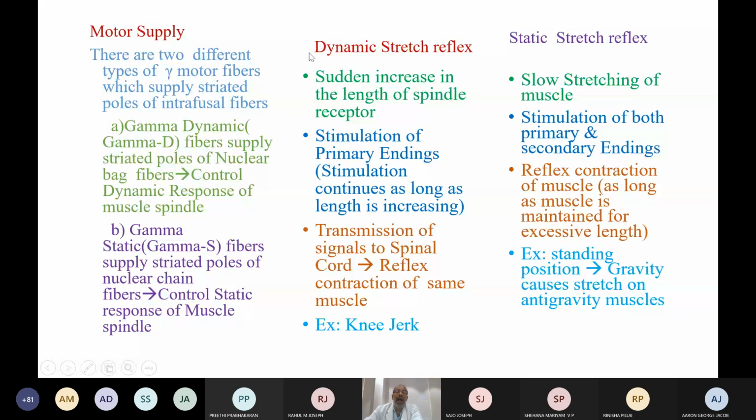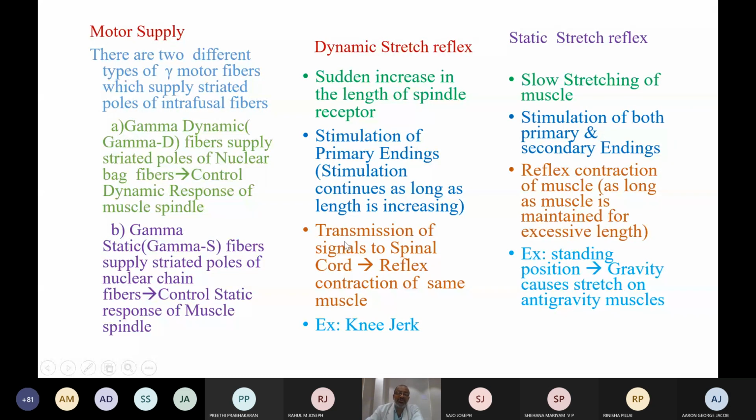Second point: under the dynamic stretch reflex, there is stimulation of the primary endings, and this stimulation continues as long as the length is increasing. But in the static stretch reflex, stimulation of both primary and secondary endings is seen.